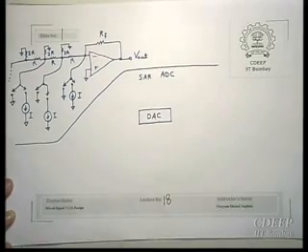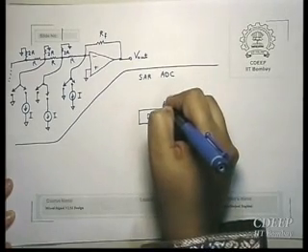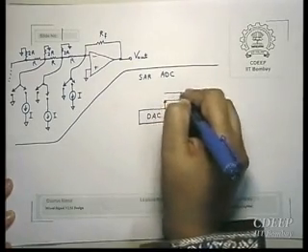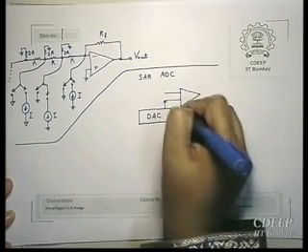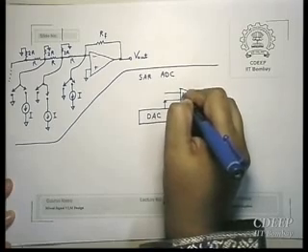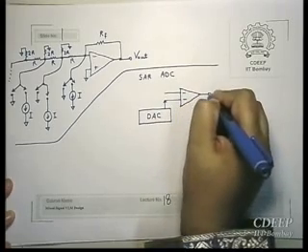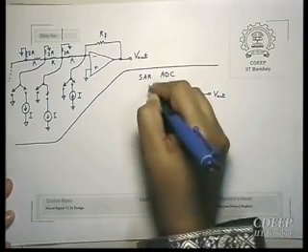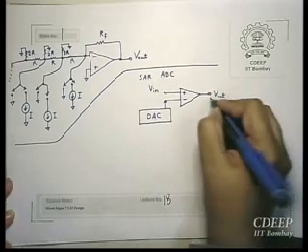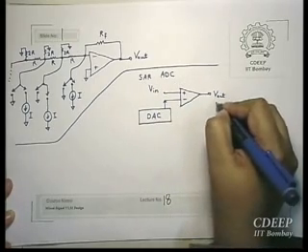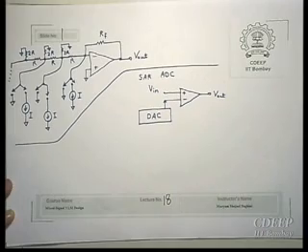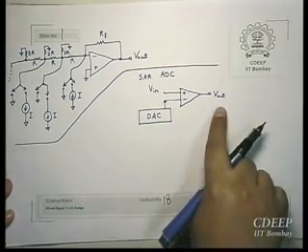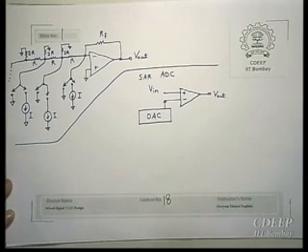So this is the DAC. The output of the DAC will be given to a comparator, and this is your Vin. The output of the comparator will give you one bit, which will determine whether the assumption of the current bit being 1 is correct or not.